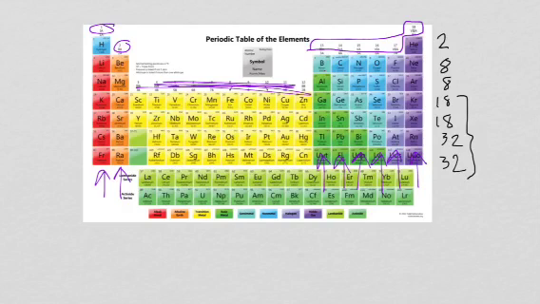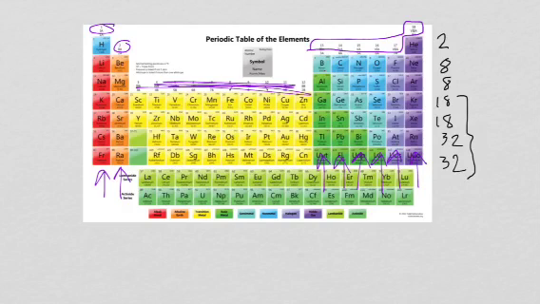Valence electrons are electrons in the outermost shell of an atom that will be shared or given to other atoms to form bonds. There's a reason that sodium and chlorine bond together so strongly and stay together, and it has everything to do with their valence shell of electrons.